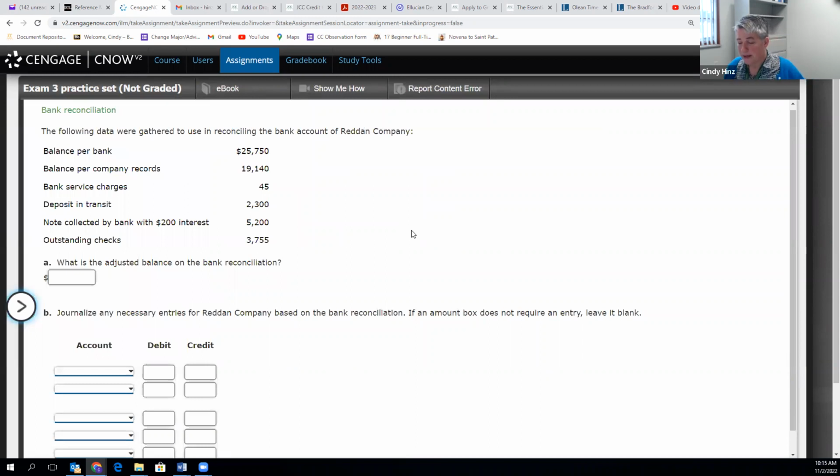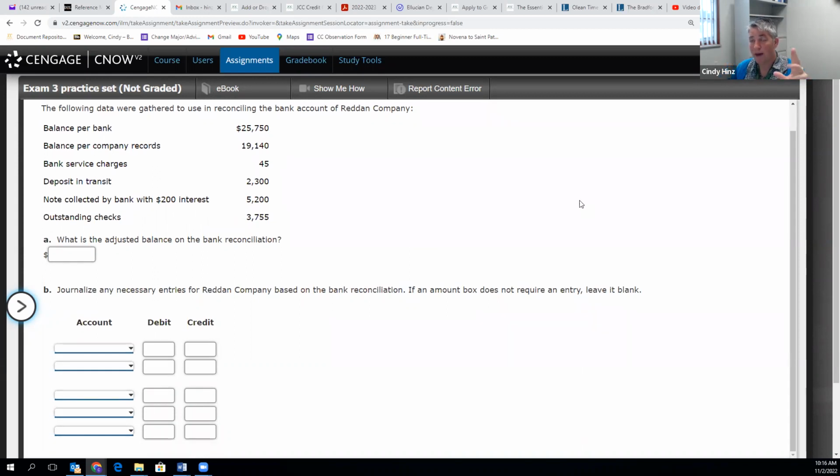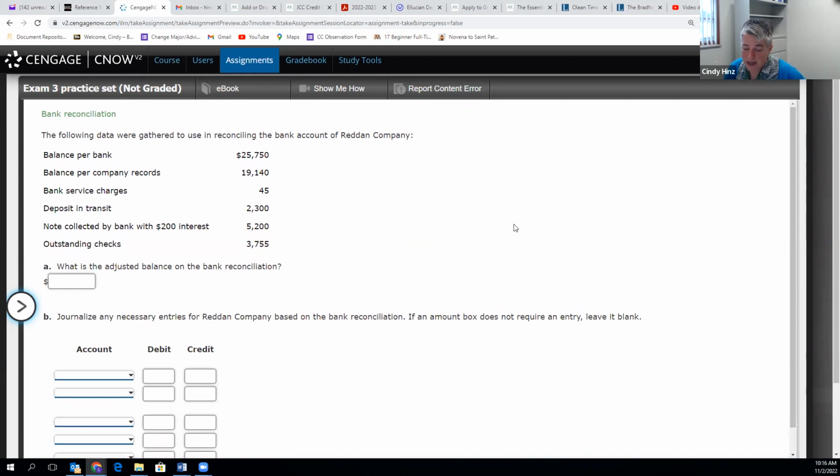All companies, and I would argue every person, should also be doing a bank reconciliation on a regular basis, that is verifying that what the bank says you have matches what you believe you have. And so this exercise doesn't give us the format of a bank reconciliation like what we did in class, but we can make our own over here in an informal way.